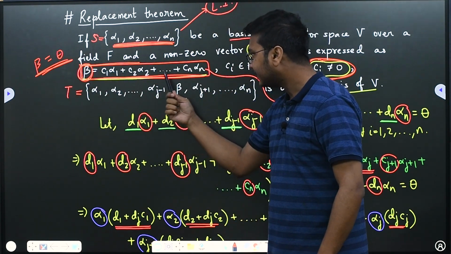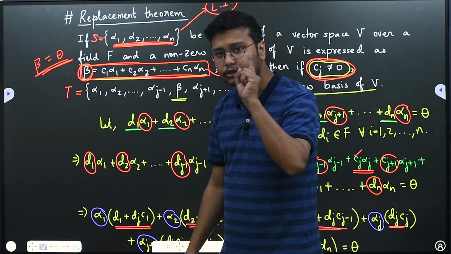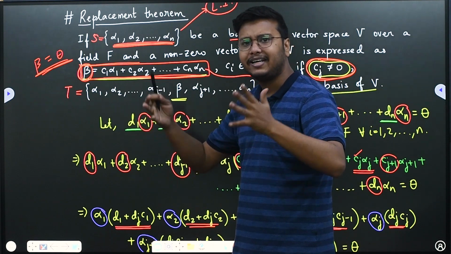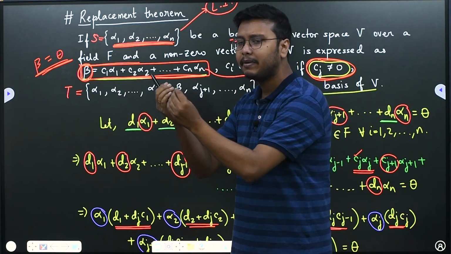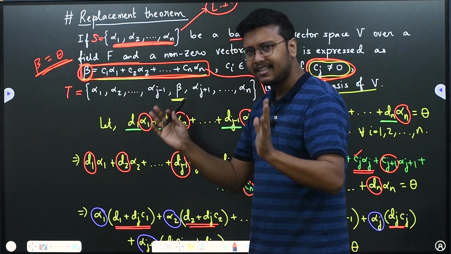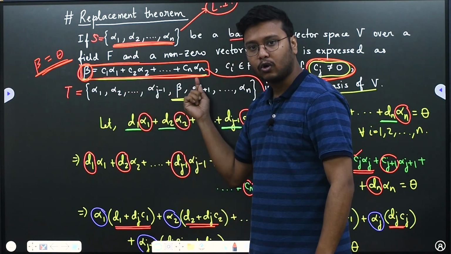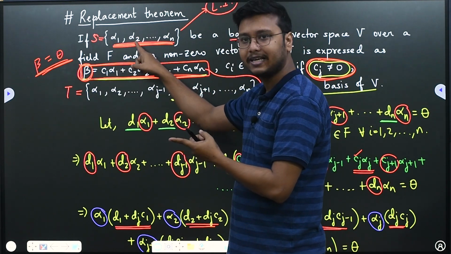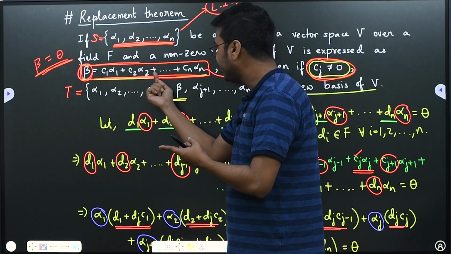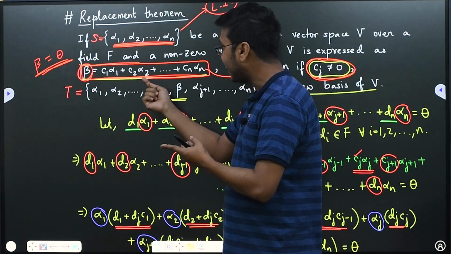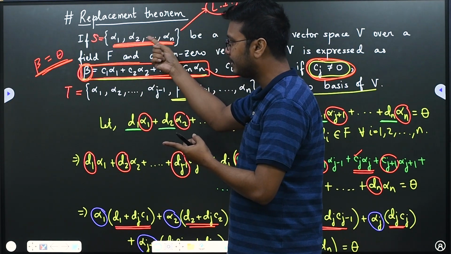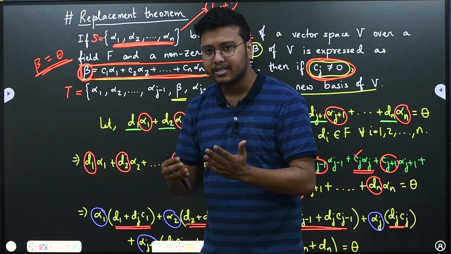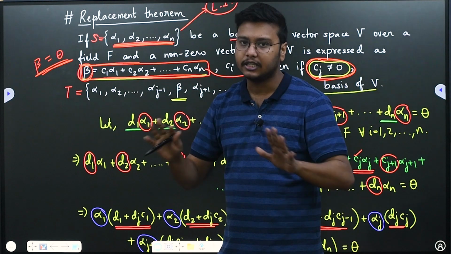So all the constants cannot be 0. At least one of them has to be non-zero. Maybe 10, 20, 30 of them are non-zero, and maybe 2 or 3 of them are 0. Anything can happen. Whichever one is non-zero, that element we can replace by the beta element. Suppose the jth constant is non-zero, then I can replace the jth element in the basis by the beta element. If I have many non-zero constants, I can replace any one of them, it does not matter.